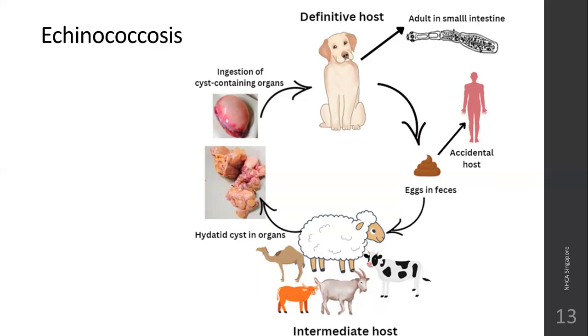It's usually called dog tapeworm. Eggs are passed out by dogs in their feces, and if humans ingest dog feces-infested food, food contamination, it can hatch out in the human's liver, lung, brain.